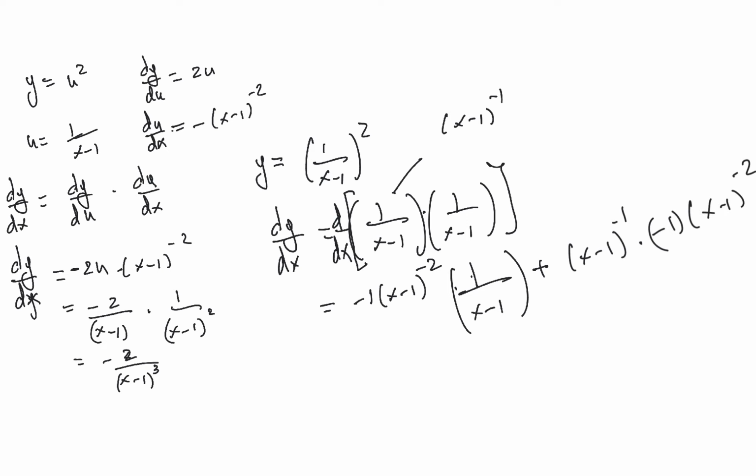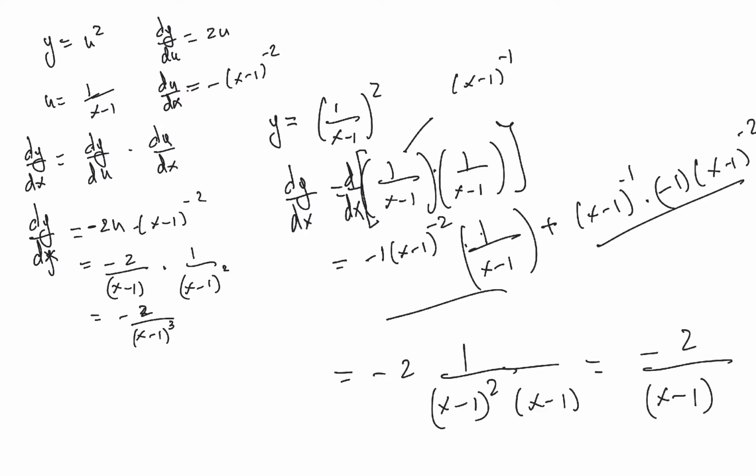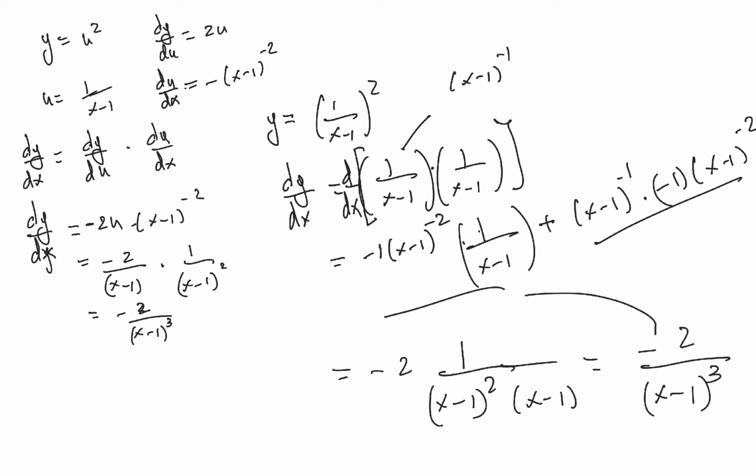So you see that this and this are the same, so it will be minus 2 times 1 divided by x minus 1 squared multiplied by x minus 1. So it will be minus 2 times x minus 1 cubed. Let's check if it's the same. Oh, yes, it's the same.